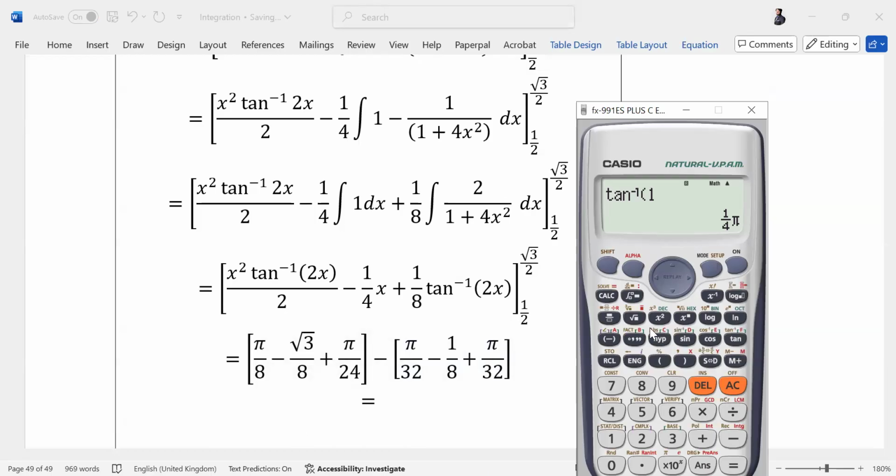So I have all, let me add all the pi's. Pi/8 plus pi/24 minus pi/16.